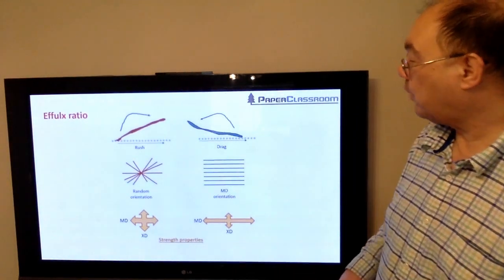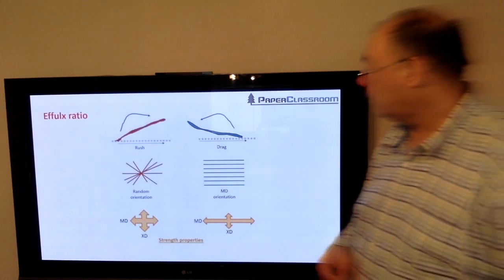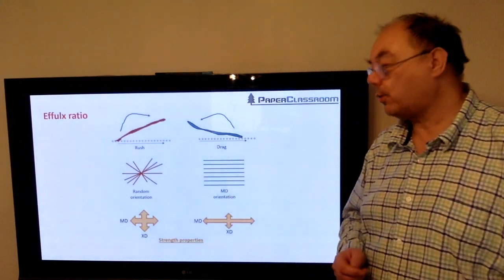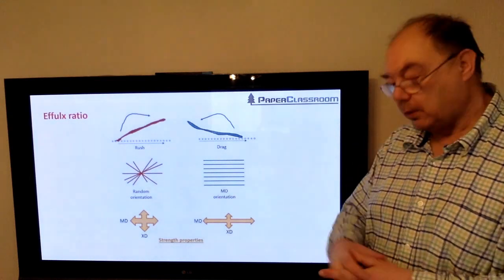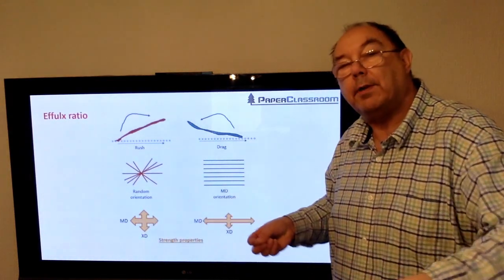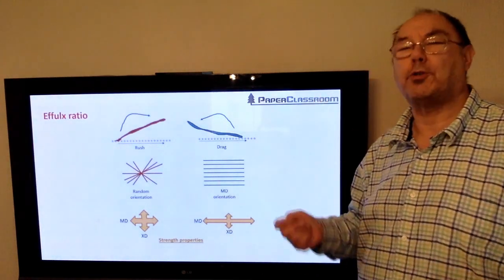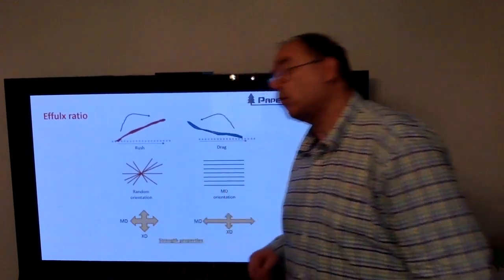By landing in any orientation, it lands in all orientations. And if you have fibres in every orientation, when you come to do, for example, tensile measurements, you'll find the tensile measurement in the machine direction is exactly the same as the tensile measurement in the cross direction, or at least very similar. So MD and XD values will be very similar.